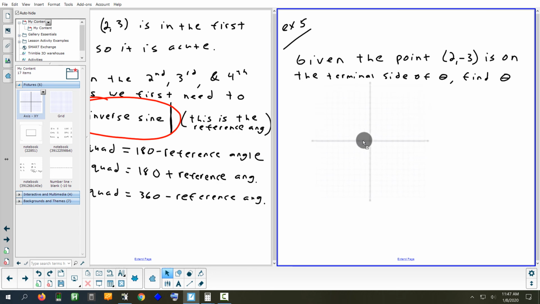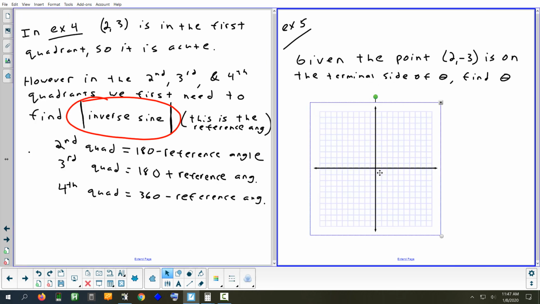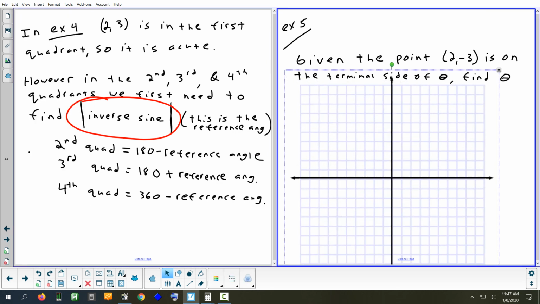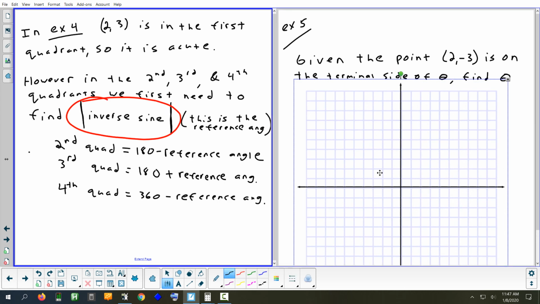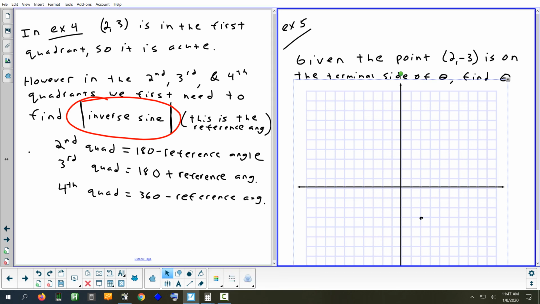This doesn't even really require a sketch, but for those people that like things visual, we can do it. (2, -3). That's your terminal side. That's your initial side.